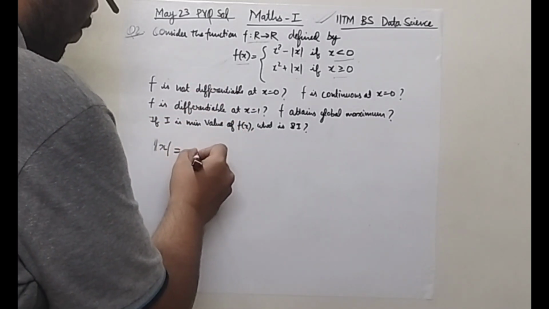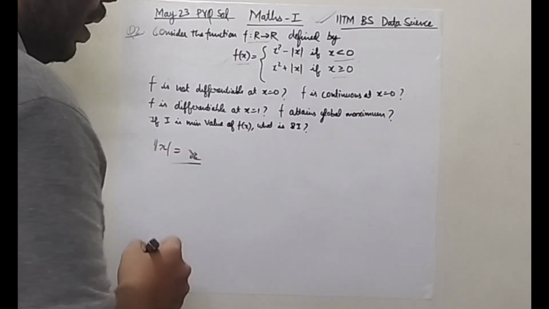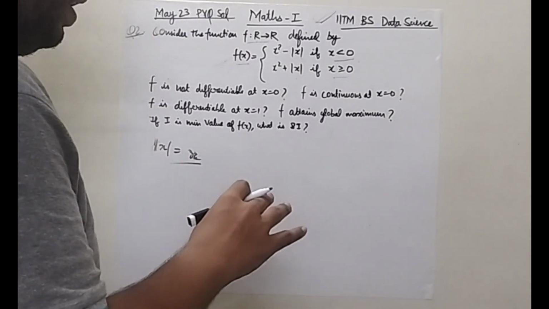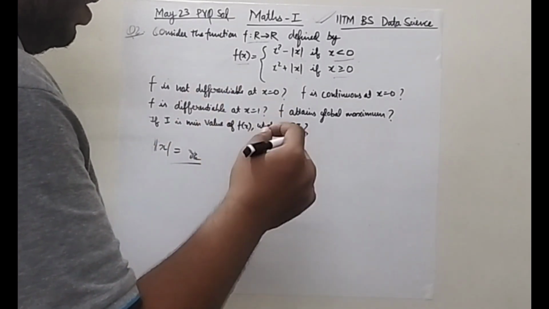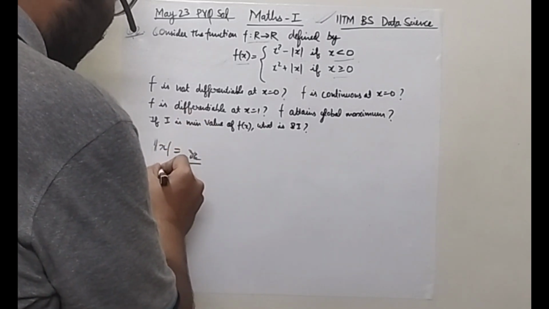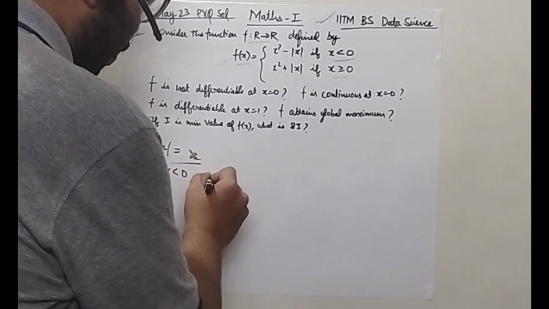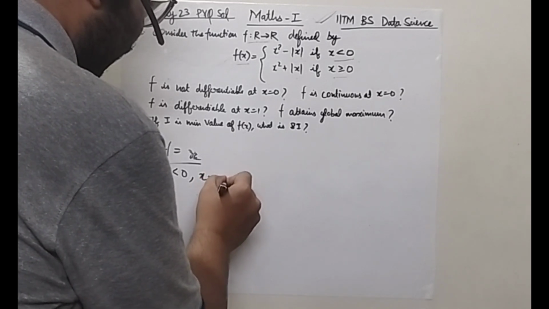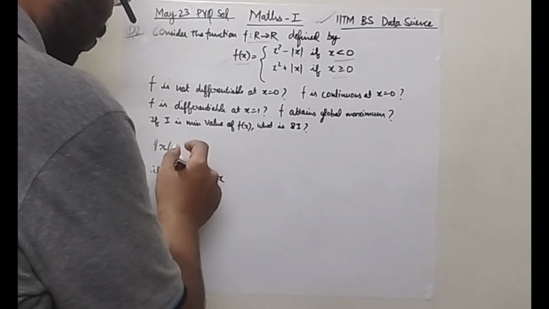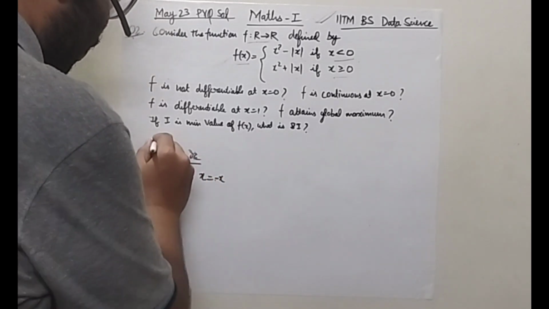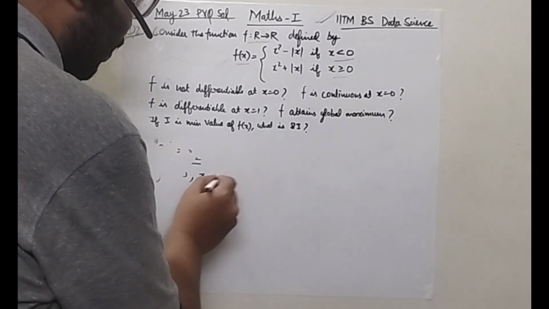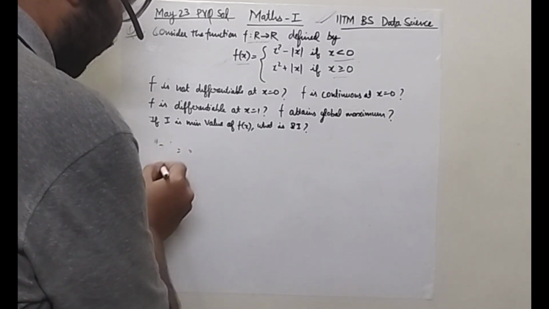So it will always be positive only. It means if x is less than 0, its value will be minus x. We will get to know once I simplify this function.